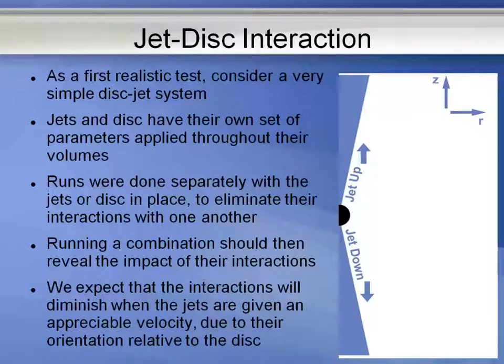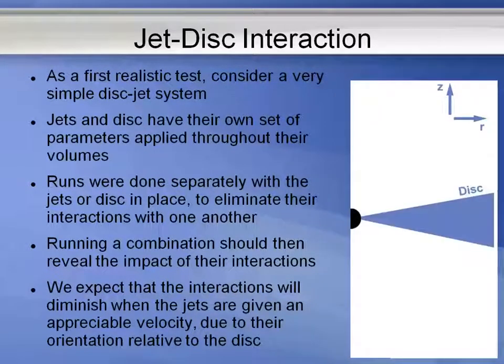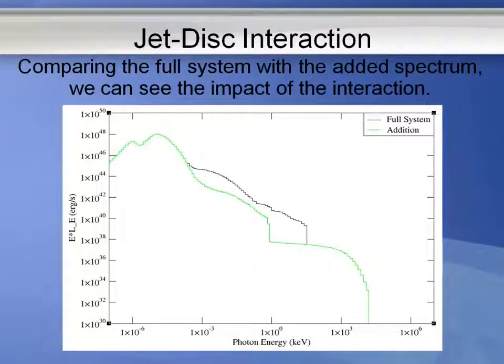If we take a jet system without a disk, and we take a disk system without a jet, and put together the spectra of the two regions, what we get is this green curve. So this is the SED from the jet system added to the SED from the disk system, but they're not in the same system at this point. The black curve is when they're put in the same system.